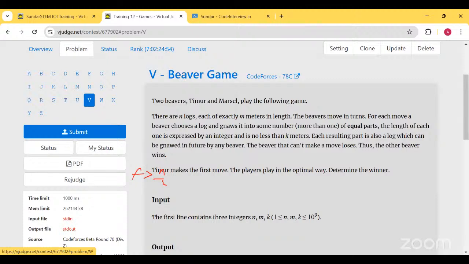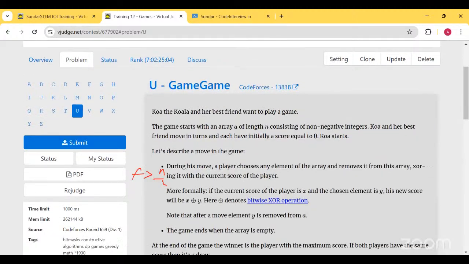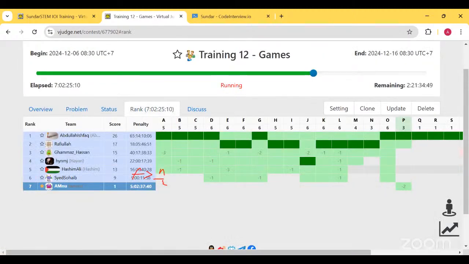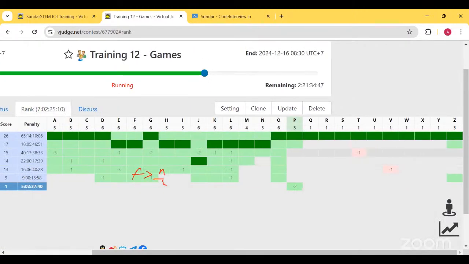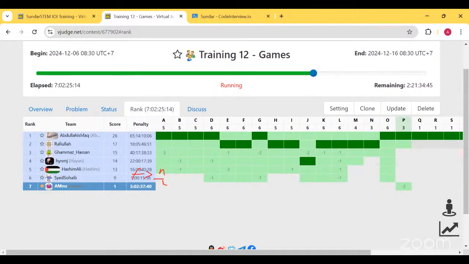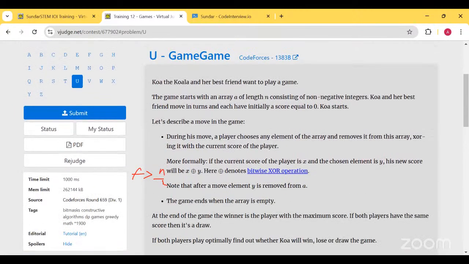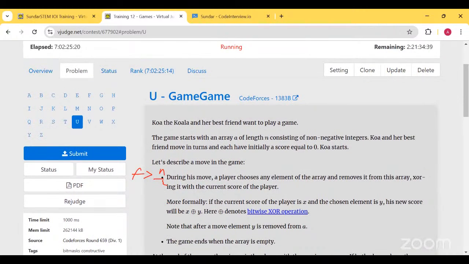I think there are only 2 problems left, and you can solve them by yourself or just ask your friends. Okay, and then I think in the next session we can discuss other topics.